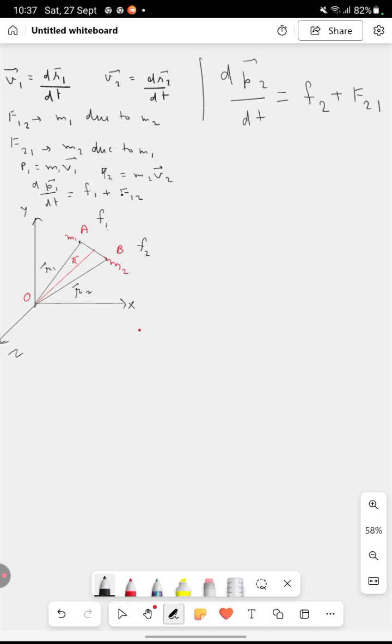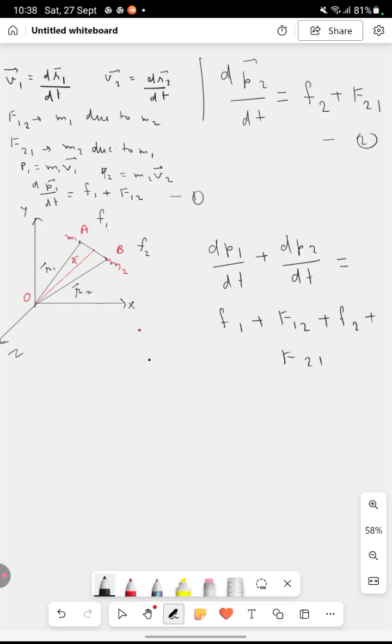Now by adding equation 1 and equation 2, we get dp1 by dt plus dp2 by dt is equal to F1 plus F12 plus F2 plus F21.